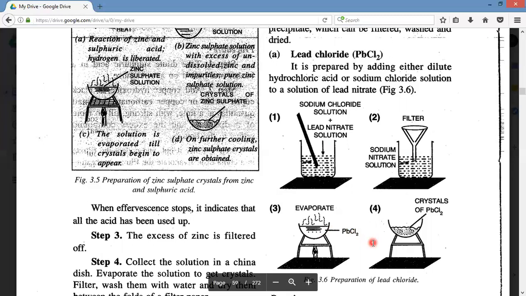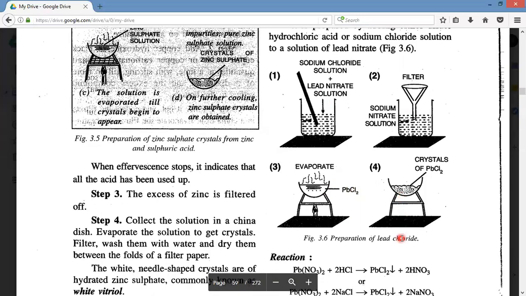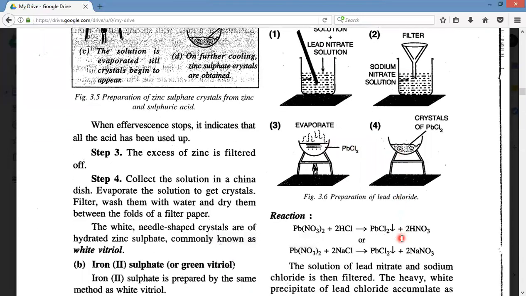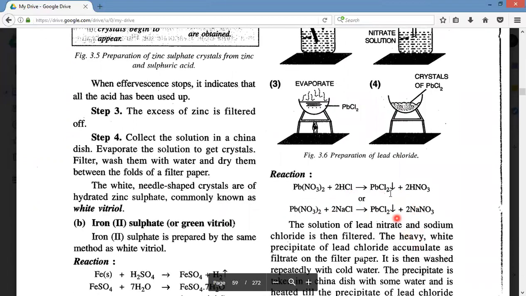Cool it and you will get the crystals of lead chloride. For the reaction, lead nitrate treating with hydrochloric acid forms lead chloride with nitric acid. Both ways are possible, with hydrochloric acid or sodium chloride.